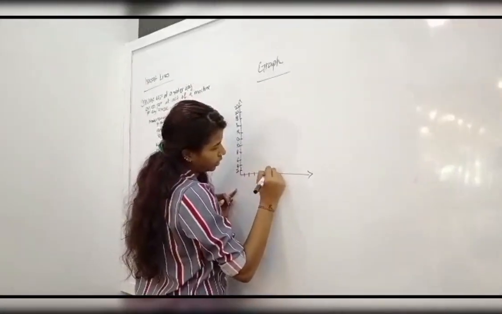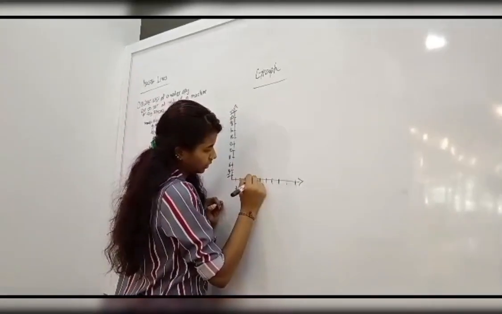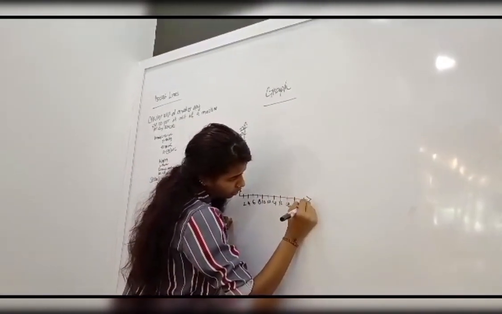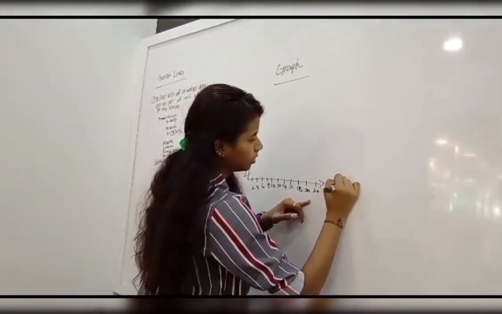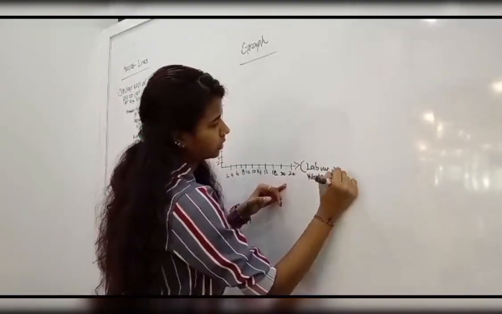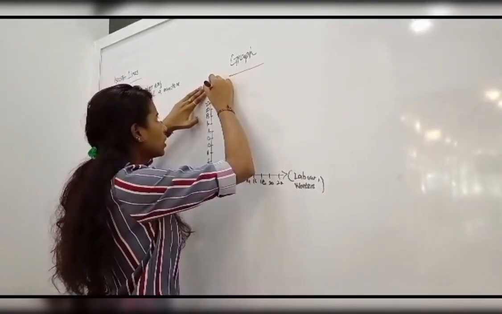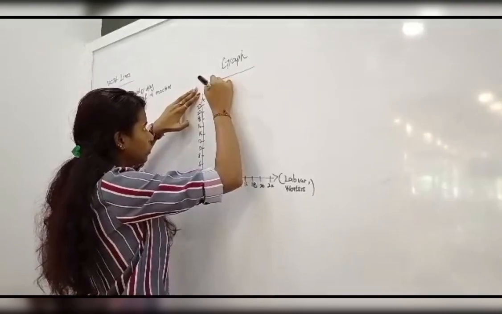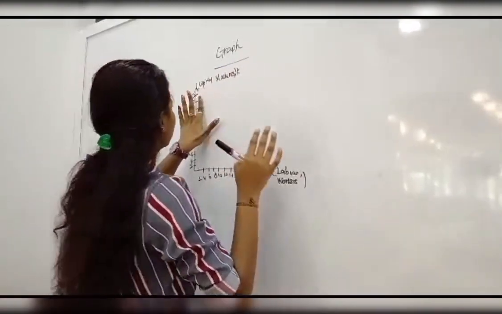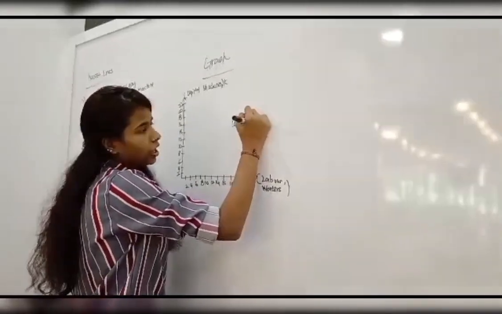Here is labor, which is workers. Here it's capital, machines, which is given. Then the cost is RM 2000.